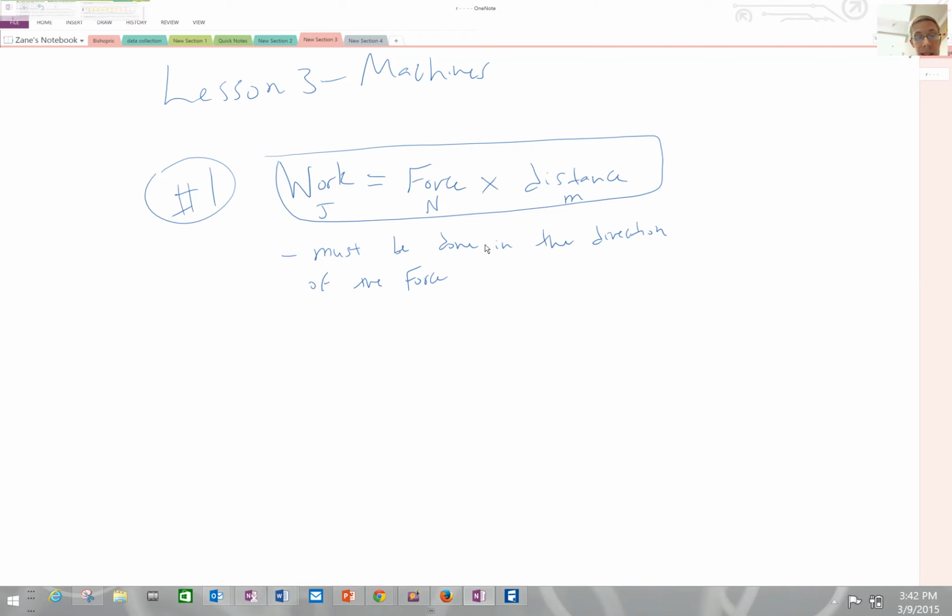cool. Let's talk about energy. Now, there wasn't really any equation for energy, but we defined it. Energy is just the ability to do work.